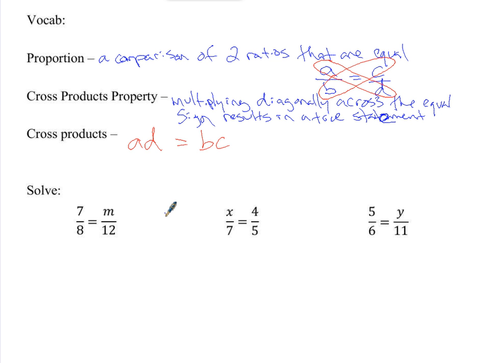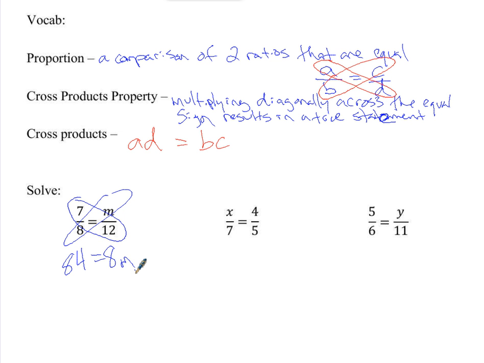What should I do? Okay, you want to do cross products, so 7 times 12 is 84 equals 8 times m, 8m. Okay, now we got to solve for m.